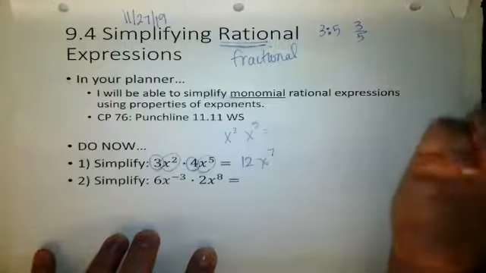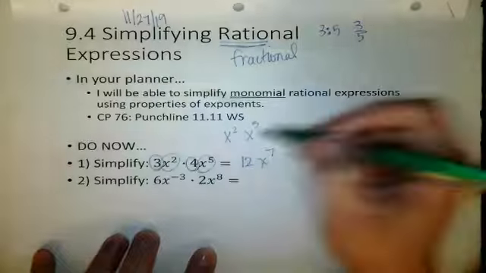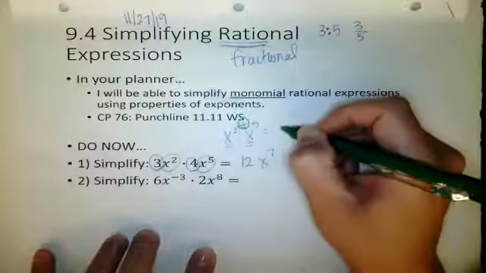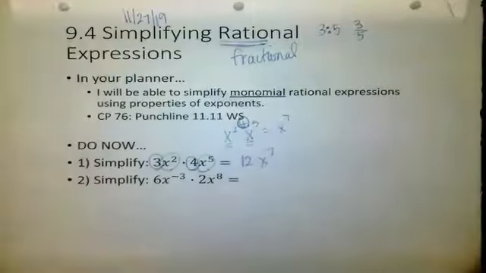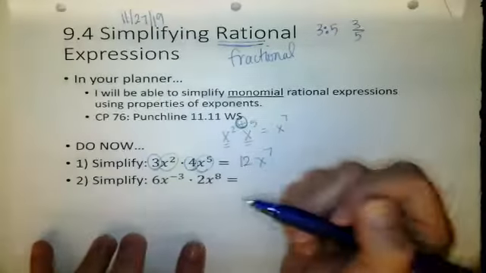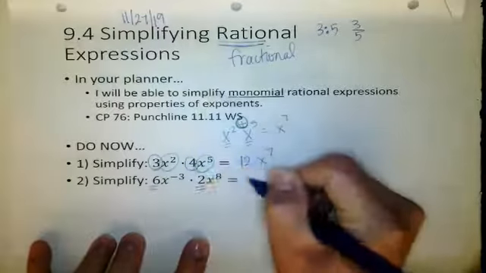Why is it x to the 7th? You add the exponents. When they have the same base, we add the exponents to get x to the 7th. The base stays the same. We add the exponents. Same rule applies on number 2. We're going to multiply 6x to the negative 3 power times 2x to the 8th power. What number do you get? 12. Again, 6 times 2 is 12.